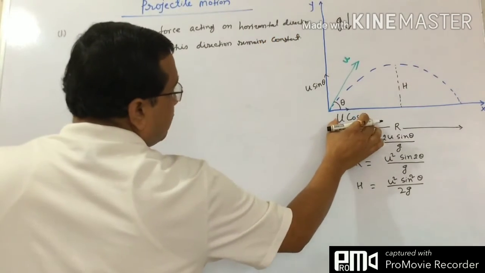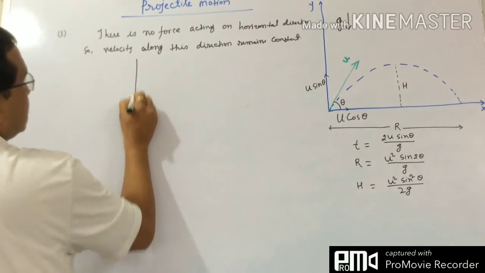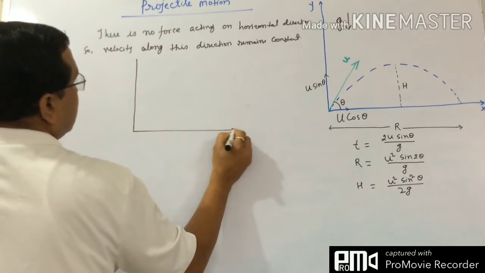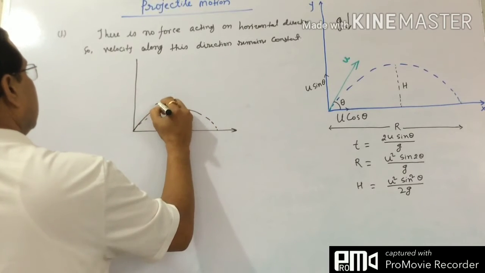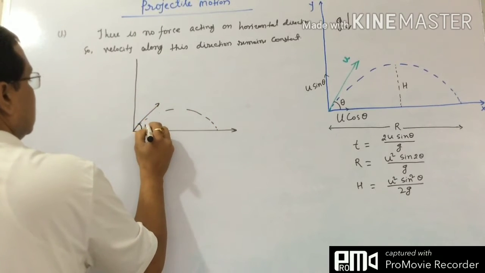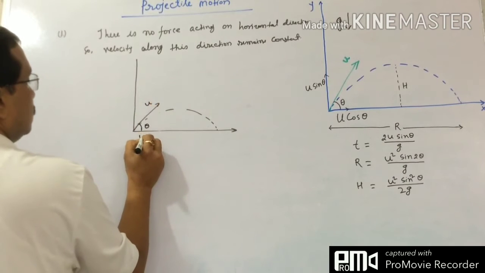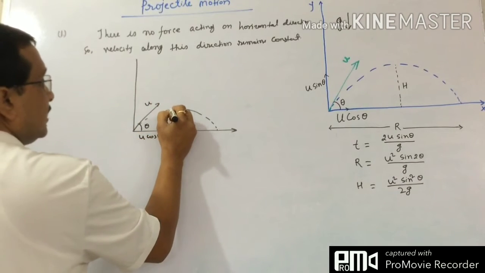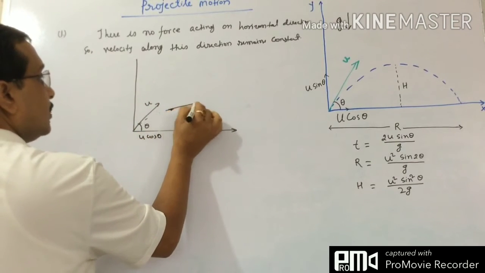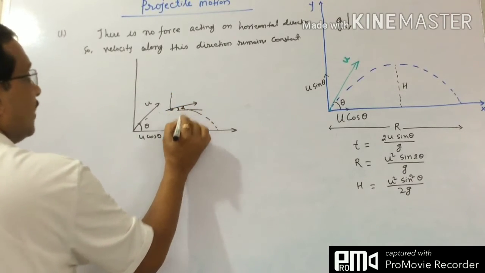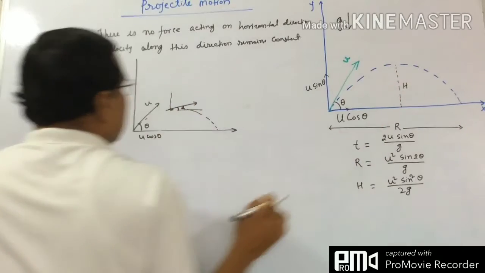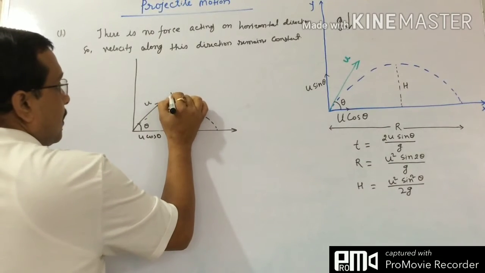What is this v cos theta? What I want to say is, this projectile is given velocity u at an angle theta, so this is u cos theta. At this point its velocity is v, and suppose it makes an angle alpha, because when it moves the angle keeps changing.